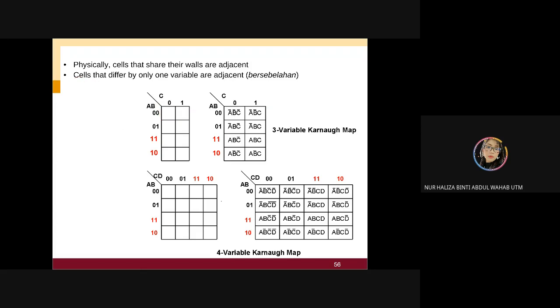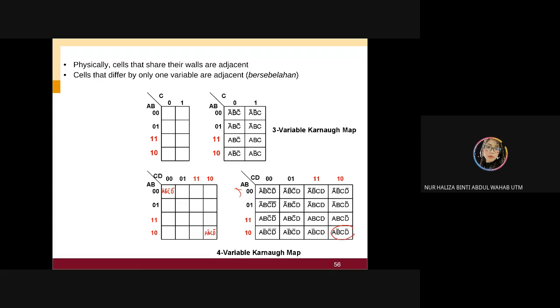So here you have another example. You can take a look at this cell. You're going to have A is 0, B is 0, C is 0, D is 0. Here I pick the last cell: A is 1, B is 0, C is 1, D is 0.